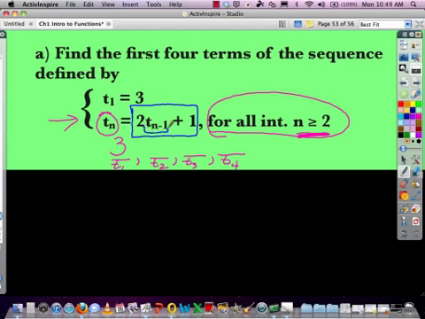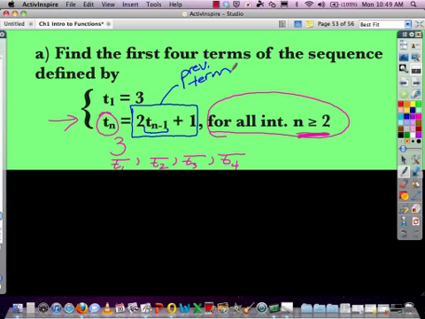We called it the previous term. You say, wait a minute, come back. If T sub n is the current term we're on, T sub n minus 1 has to be the one that came before it. So if we're working on our second term, which we are, because we already had the first term, then T sub n minus 1 had to have been that first term.